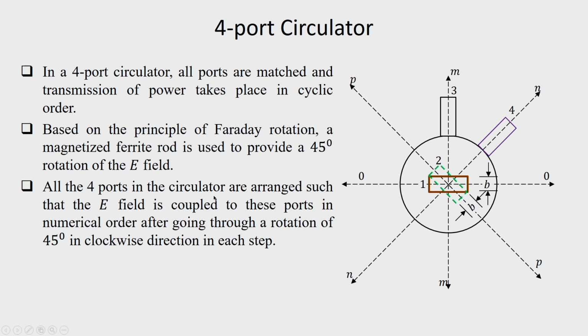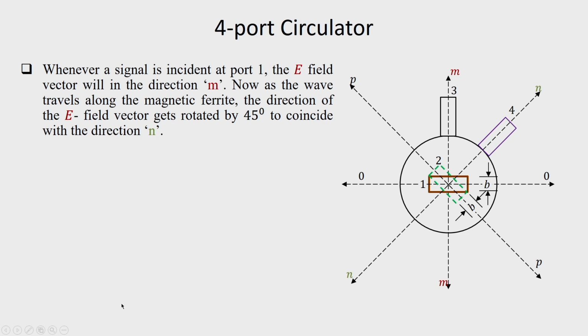All 4 ports in the circulator are arranged such that the E field is coupled to these ports in numerical order after going through a rotation of 45° in the clockwise direction. So, referring to this figure, whenever a signal is incident at port 1, the E field vector will be in the direction of m.